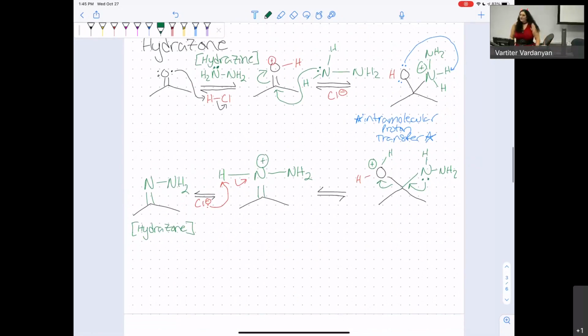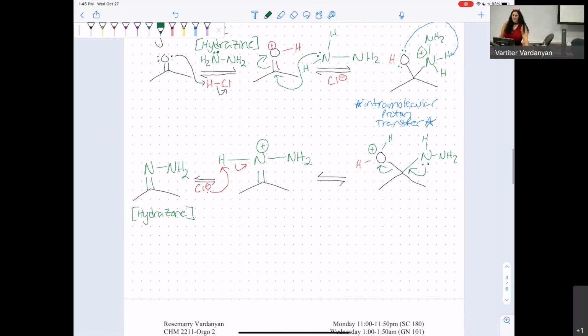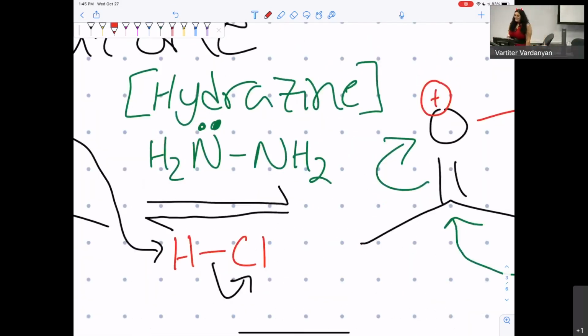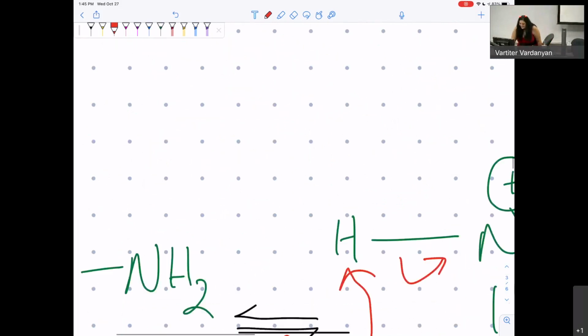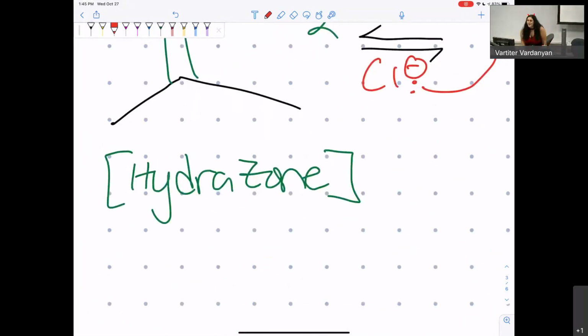I know what you're all thinking: how do we know which one is a hydrazine and which one is a hydrazone? Well, don't worry, friends. I have a wonderful way to remember it. The hydrazine goes into the reaction, and then the hydrazone comes out of the reaction. Or how I choose to remember it: hydrazone, snap, it's done.